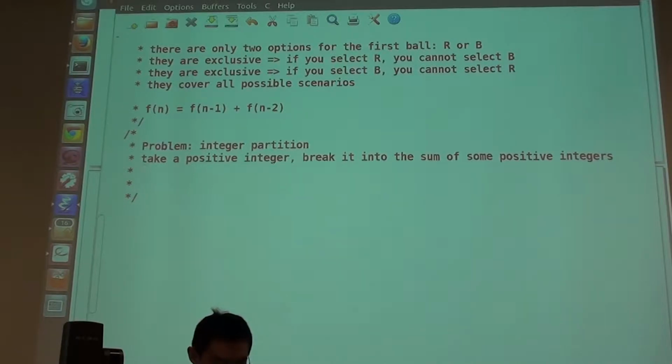For example, if you have 3, you can write 1 plus 1 plus 1, or you can write 1 plus 2. Or you can write 2 plus 1. And here also order matters. So 2 plus 1 and 1 plus 2 are considered different splits.